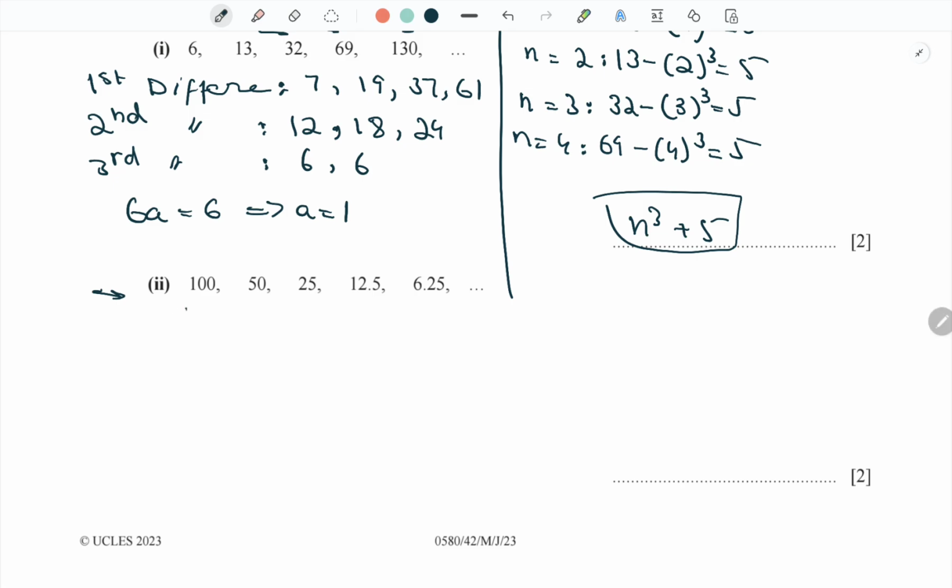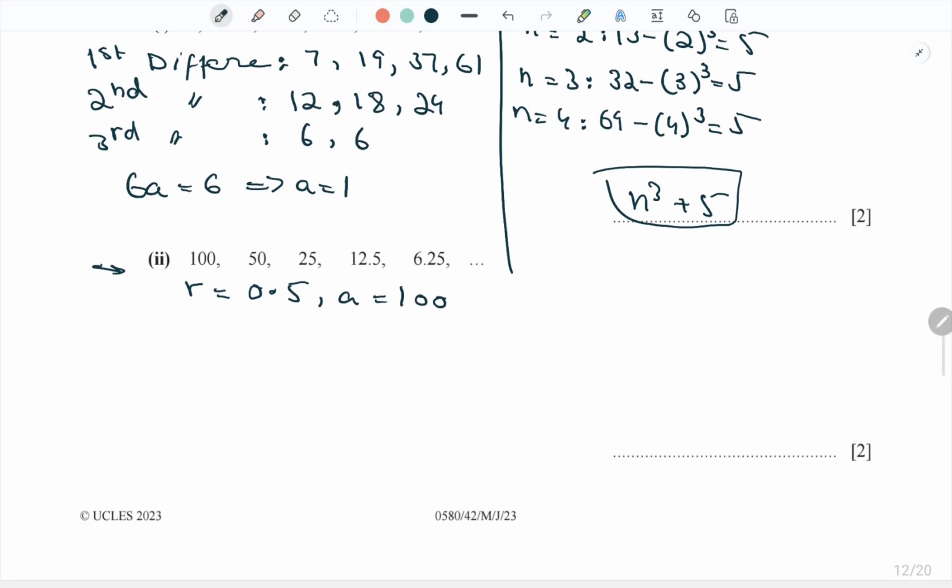So the ratio r equals 0.5, and a equals 100, the first term. Or we can substitute 1 over 2 instead of r. The formula is a times r to the power n minus 1.